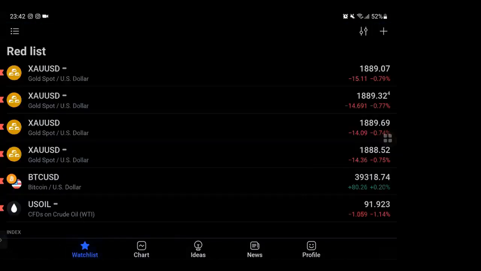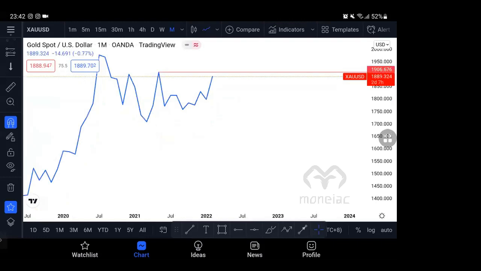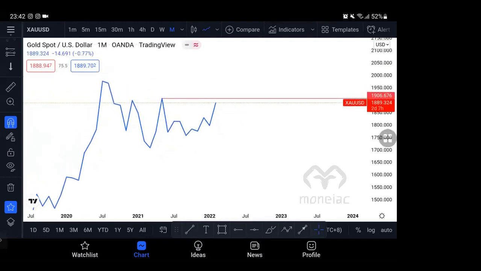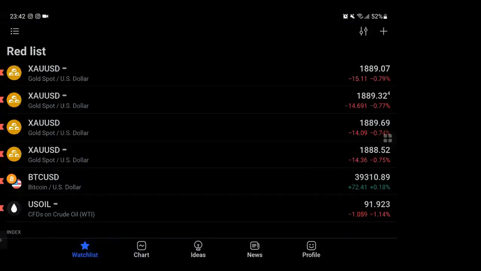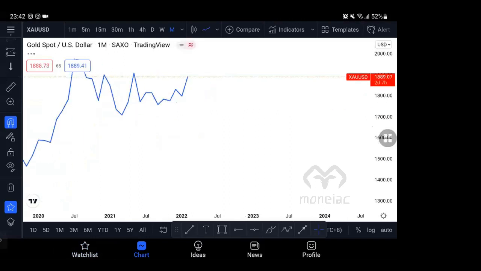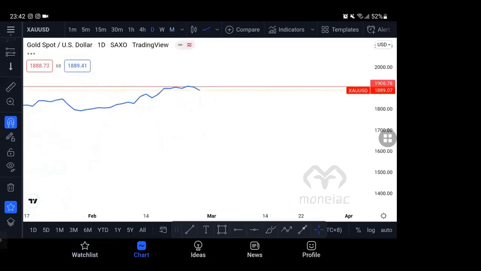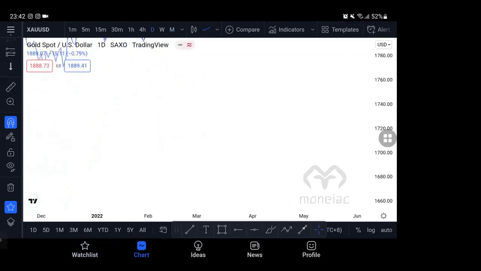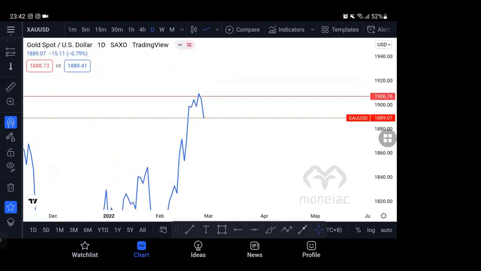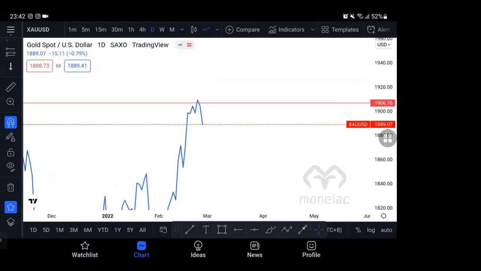Okay, maybe because gold has a 1 hour gap, and this is also monthly. Okay, let's see at daily, because this thing happens. Daily. Okay, let's take the highest daily.